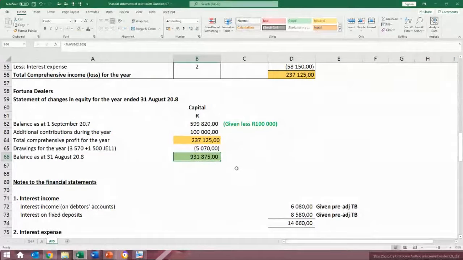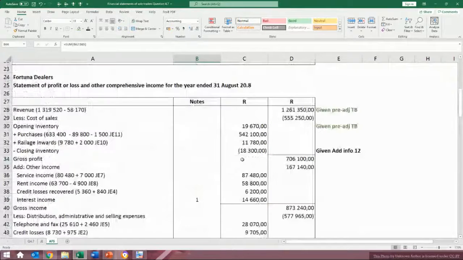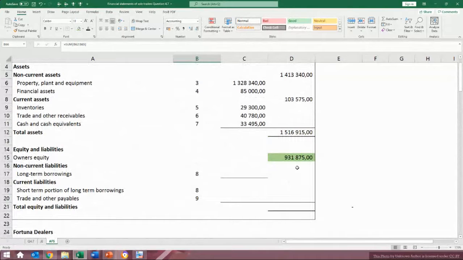The statement of changes in equity balance and the balance you disclose in your statement of financial position should be exactly the same. Now, let's say you've already done the statement of changes in equity. Go put that amount in there. If you made an error, you still get a method mark for transferring it into your statement of financial position at the same amount. Then the next item is your mortgage loan.